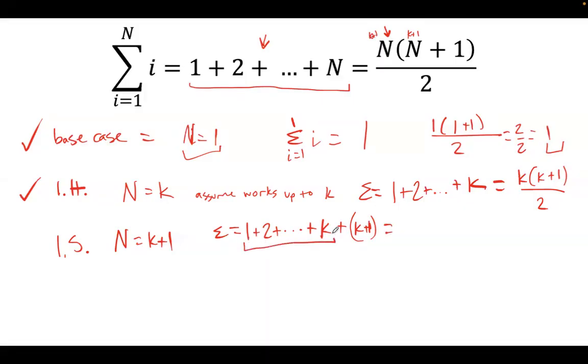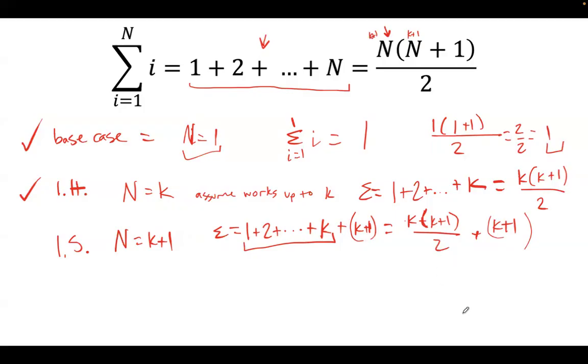The thing is, we know what this part of that sum is. We've worked ourselves up there. And so we know that this bit is equal to k times k plus 1 over 2. So we can say k times k plus 1 over 2 and just add k plus 1 there on the end.